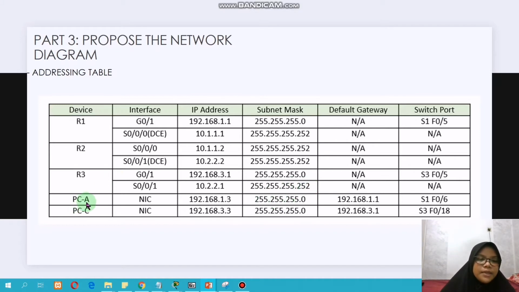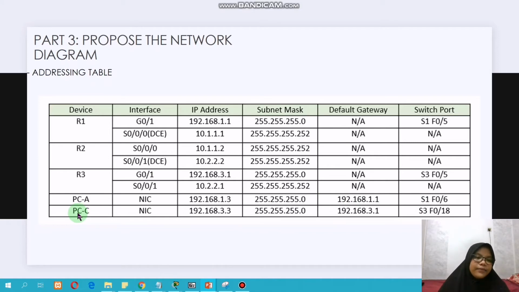For PCA, my IP address is 192.168.1.3 and the subnet mask is 255.255.255.0, my default gateway is 192.168.1.1, and I'm using switch port F0/6 on switch 1.